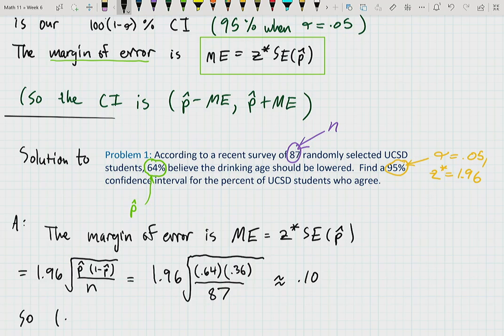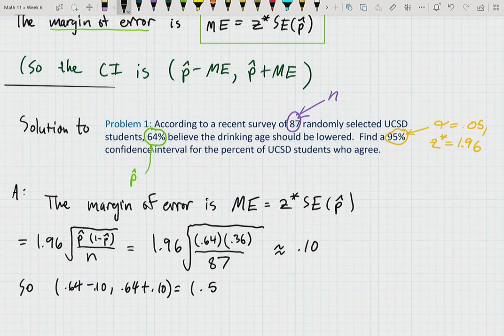Apparently 0.64 minus 0.10 up to 0.64 plus 0.10, or 0.54 up to 0.74 is our 95% confidence interval. So we can be 95% confident that between 54% and 74% of UCSD undergrads favor lowering the drinking age.